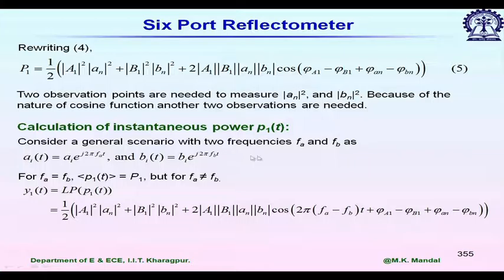We are dealing with 2 frequency components, FA and FB, where AI is represented by AI e to the power j2πFAt, and BI equal to BI e to the power j2πFBt. If FA is equal to FB, in that case the average power is P1, but if FA is not equal to FB, in that case if we use equation 5, it becomes too long.